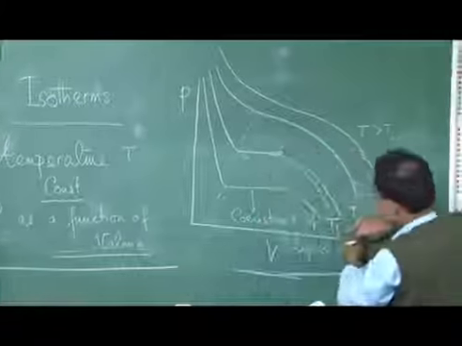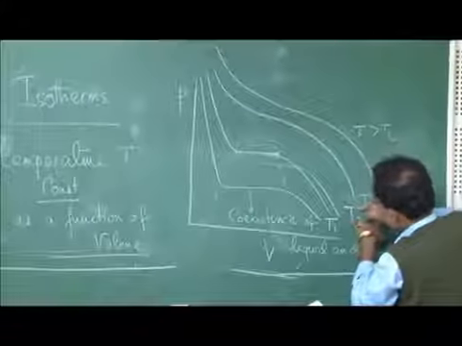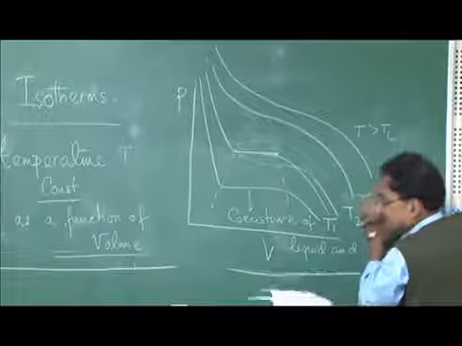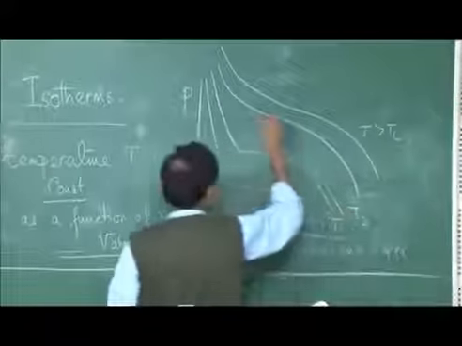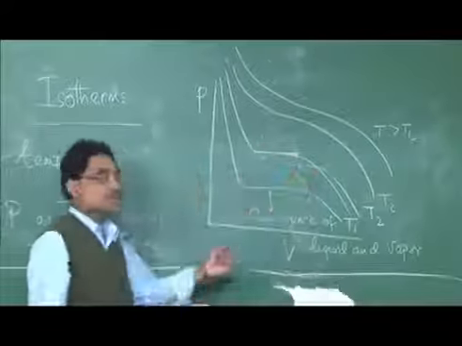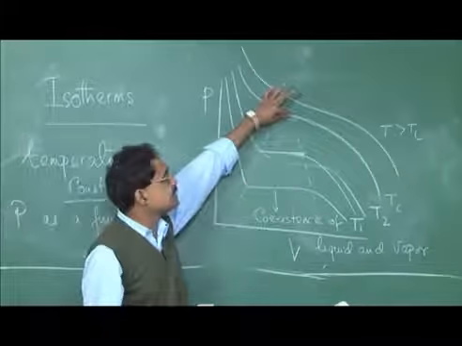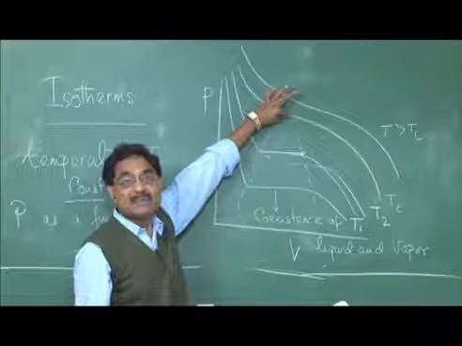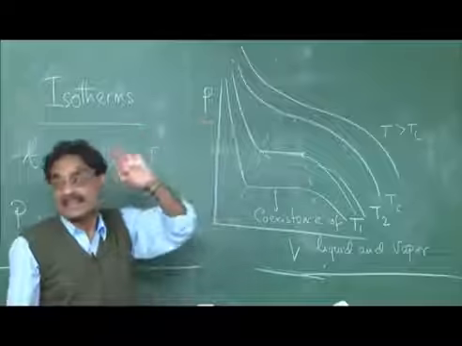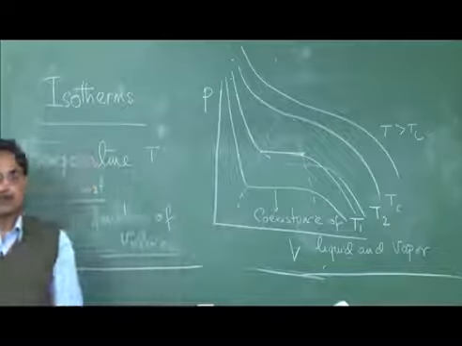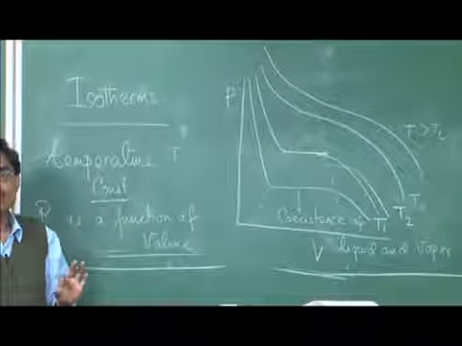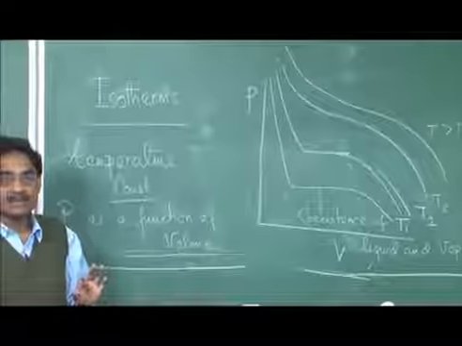So, T2 is higher than T1, Tc is higher than T2, and what you see, this dotted region tells you the coexistence region shrinks to a point at that critical temperature. So, what is the importance of critical temperature?